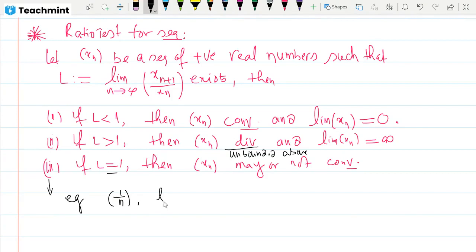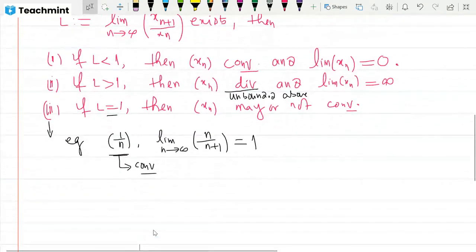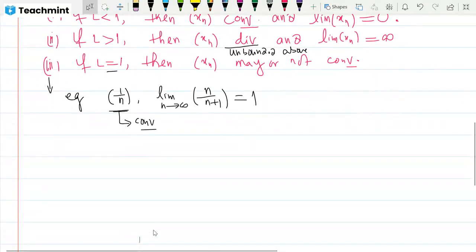Now I want to calculate the limit as n tends to infinity of xn plus 1 by xn, and we get n by n plus 1, and this limit is 1. So L is 1 here, and we know that the sequence 1 by n is convergent. So in example 1, when L is 1, the sequence is convergent.